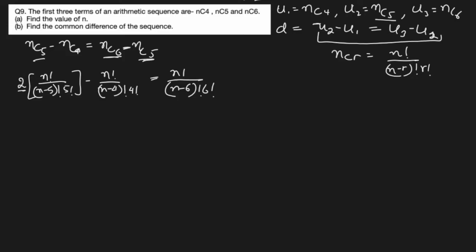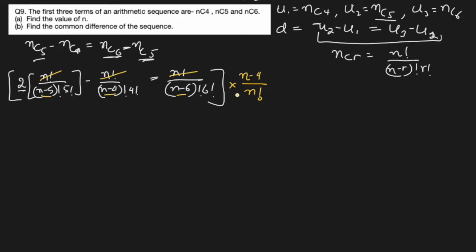The best thing is to first multiply the whole equation by the biggest of these three factorials, which is n minus 4 factorial, so that when we expand this we can cancel some of them, and divide by n factorial, because all of them have n factorial.